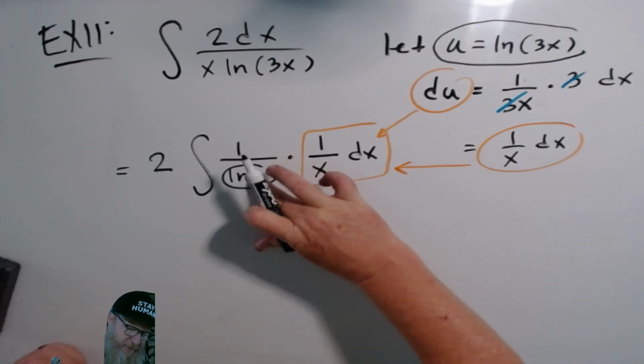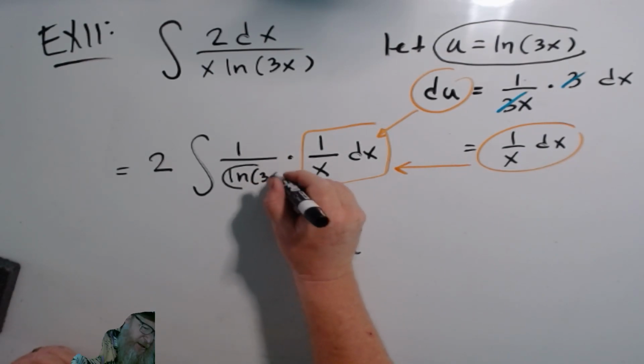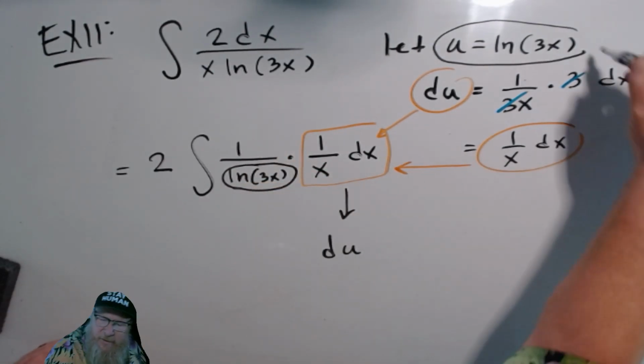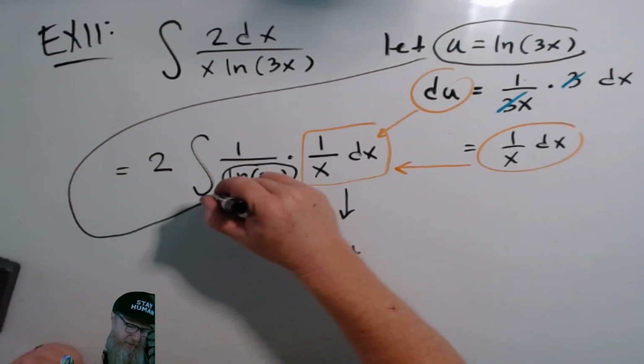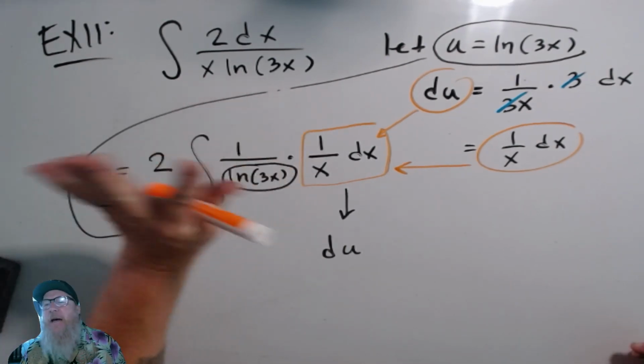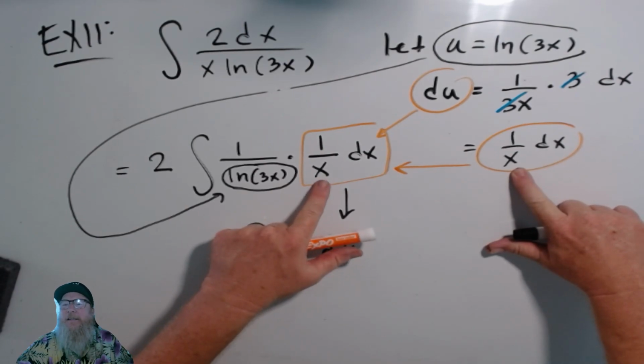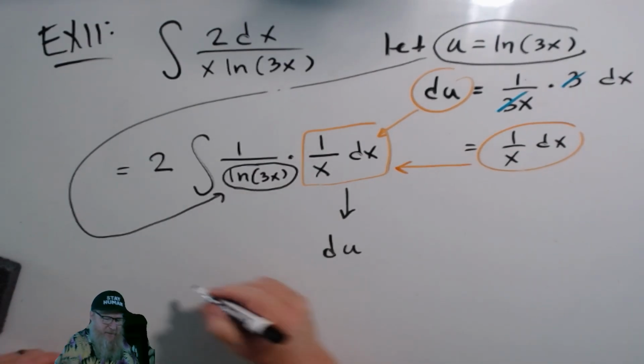Oh, sorry. You almost caught me. Good thing I saw that. My u is down here, ln of 3x. And I can't change that part of the problem. All right, so this part is just x, but this part is still 3x.